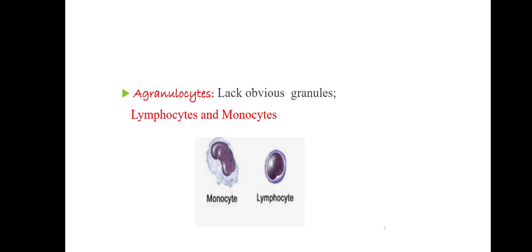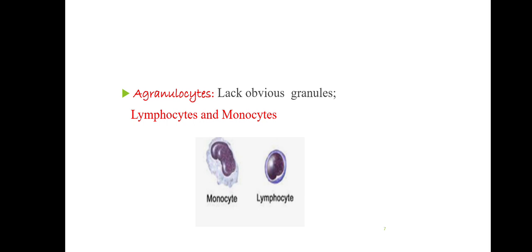Now let's jump into more detail of each and every white blood cell so that we know their function and their individual properties, because they are very important. Most of the time MCQs in physiology are going to be asked depending on individual differentials.